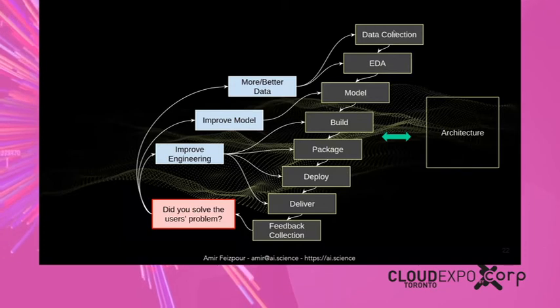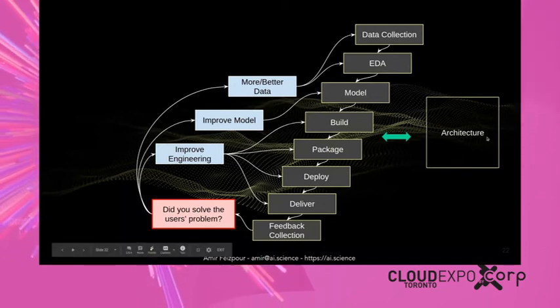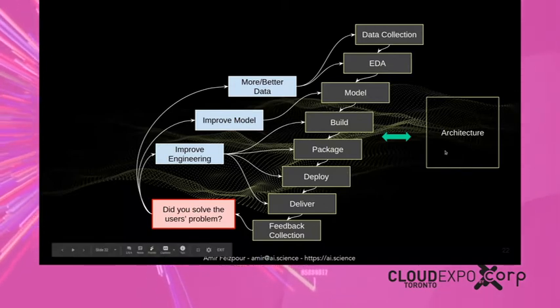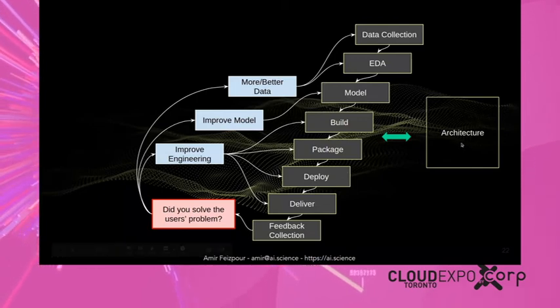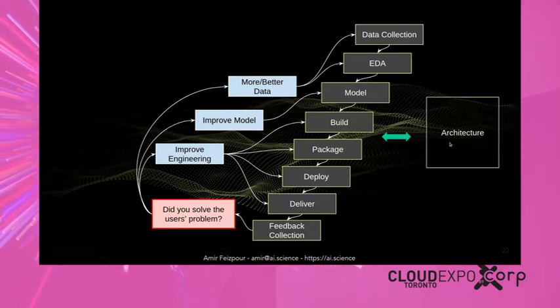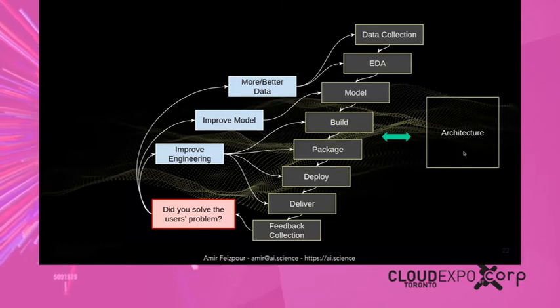And obviously, there is a one-to-one mapping between this pipeline and the architecture you design, which is also an extremely important step that people delay very, very much. This is another very common mistake that I see.